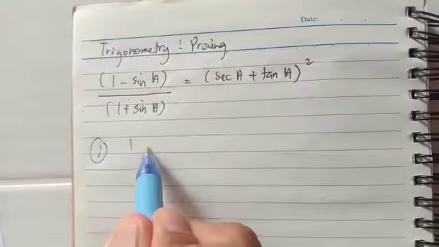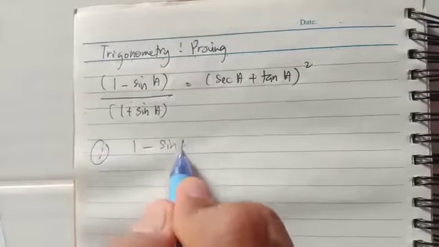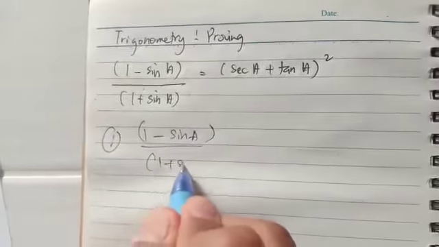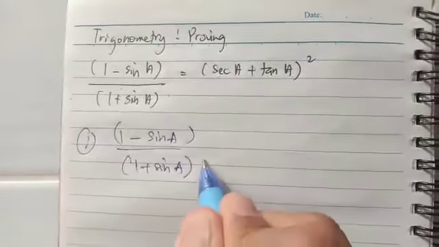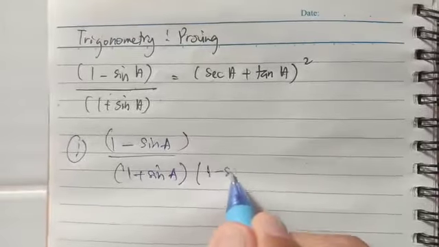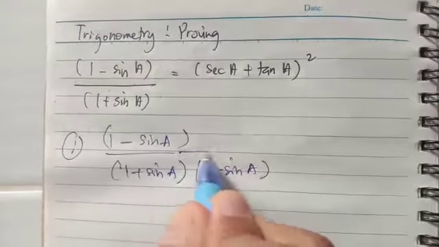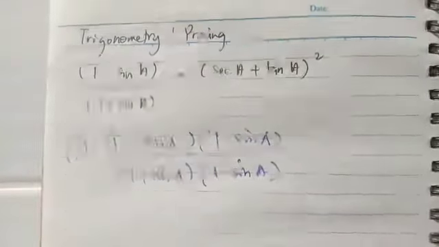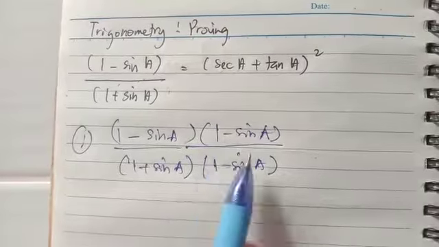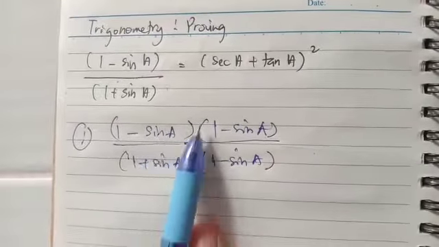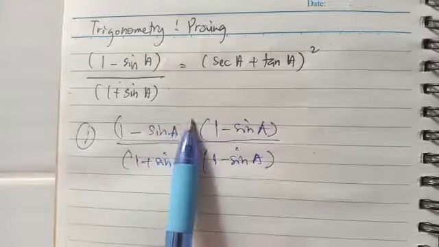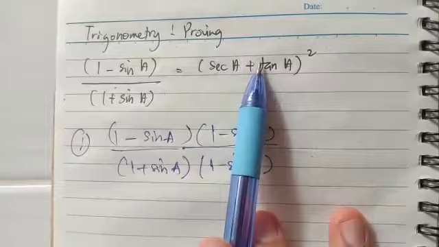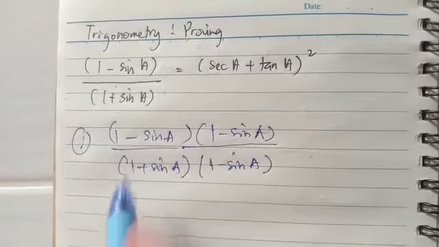1 minus sine A over 1 plus sine A, times 1 minus sine A over 1 minus sine A. Why I'm doing this is because, as I already told you, I want to change this left hand side to be like the right hand side.